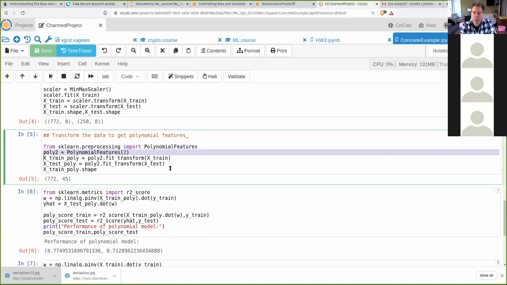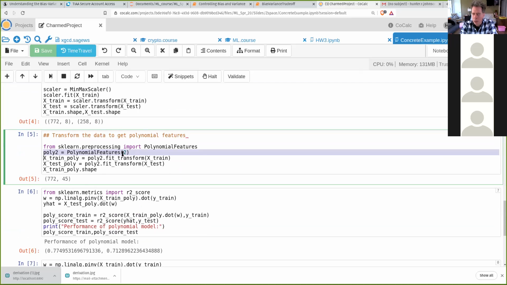So I did a degree 2 polynomial, but remember this can be kind of combinatorially explosive. It's approximately the square of the number of features.